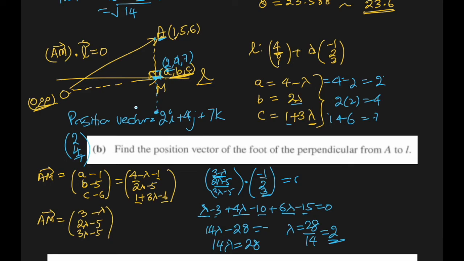So this becomes the reflection. Let's call it P, Q, R, and the point is A prime.